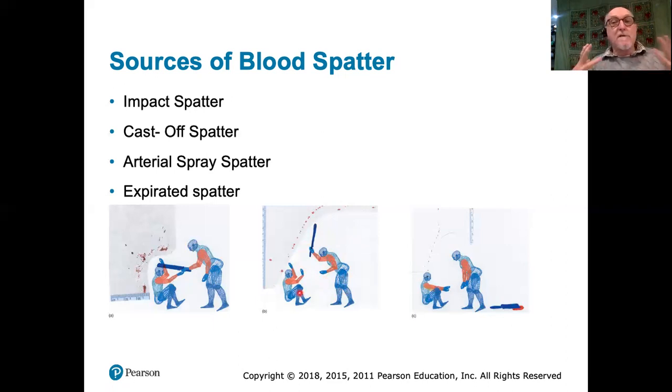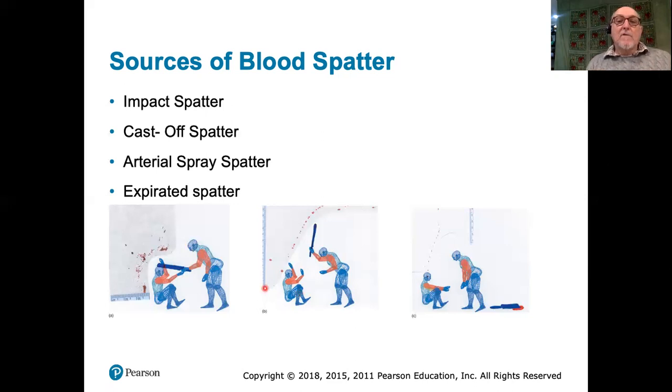This cast-off spatter very frequently will be present on walls, very frequently on ceilings as well, and also on anything around, drapes or whatever. This blood spatter, cast-off spatter, can travel far. And its presence and its patterning can tell us a lot about the actual nature of the assault that took place.